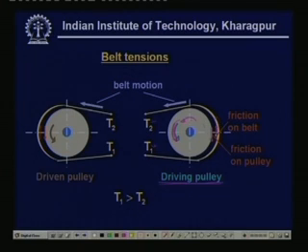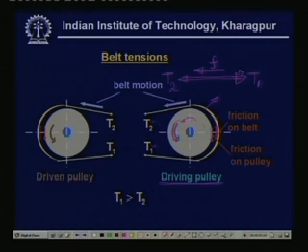It will just push the belt in this direction, thus creating a motion of the belt as shown by this particular arrow. So, if we just look at this particular belt, you can see that there is a T2 acting on this side, there is a T1 acting on this side, and the friction force is acting onto this side.